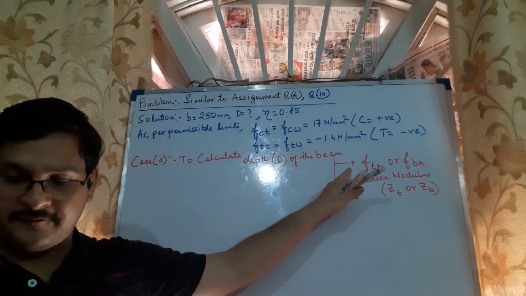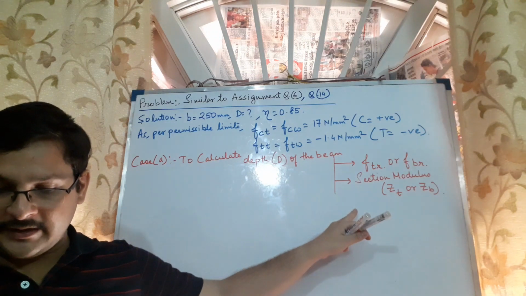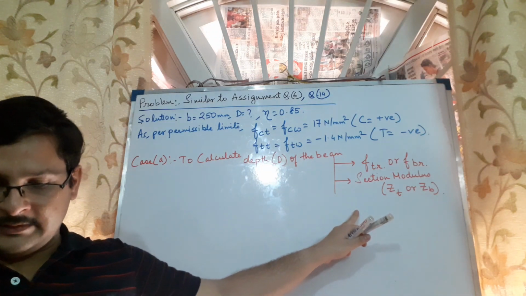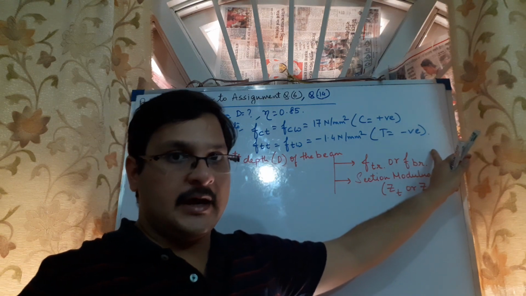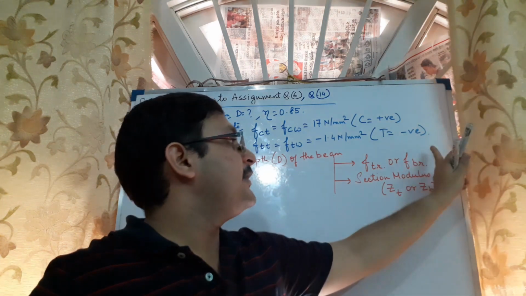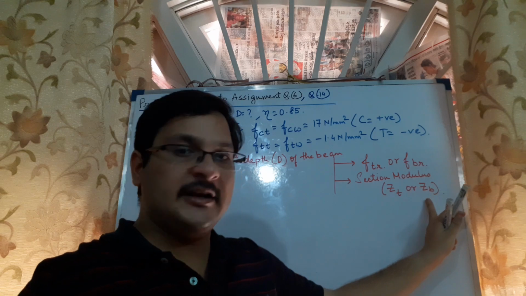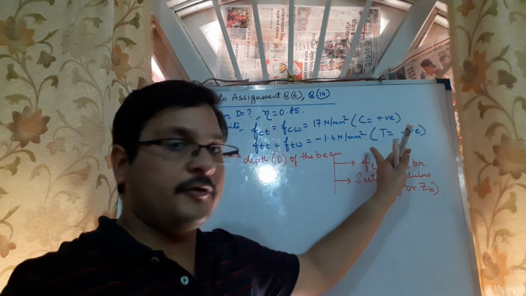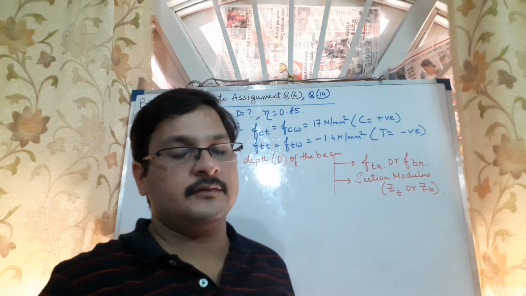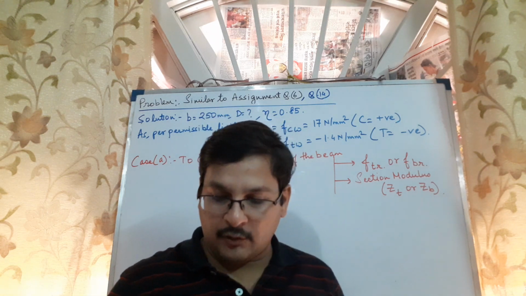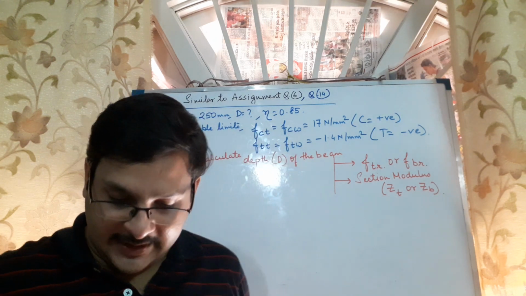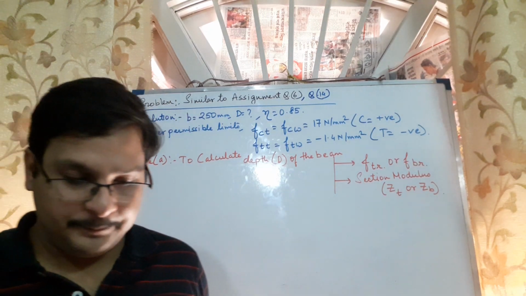We have to use the FTR or FBR, and in the problem solution we have used FBR. So if you use FBR, then you have to use ZB. If you use the formula for FTR, then you have to use the formula for ZT to find out the depth of the beam.